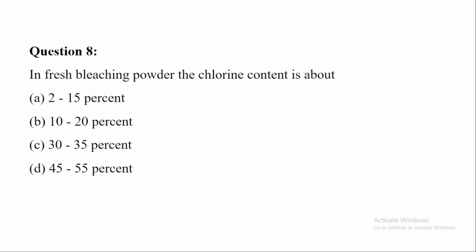So, what is the chlorine content in the fresh bleaching powder? The chlorine content in fresh bleaching powder is almost around 30 to 35%. Okay, so 30 to 35% is the chlorine content in fresh bleaching powder.